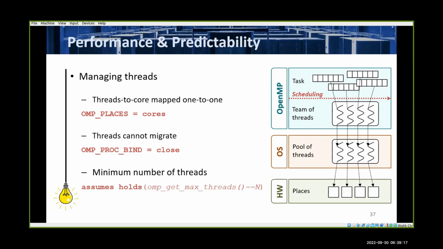So if we analyze the system to be run in a 4-core machine, then we need to ensure that the OpenMP runtime is able to get these 4 threads for me, because if afterwards I have fewer threads, then I cannot fulfill anything. So OpenMP also, in the latest specifications, is including features that help us to define this kind of behavior, like the assumes holds. We could say omp_get_max_threads equals the number we need, and be sure that this is going to happen.